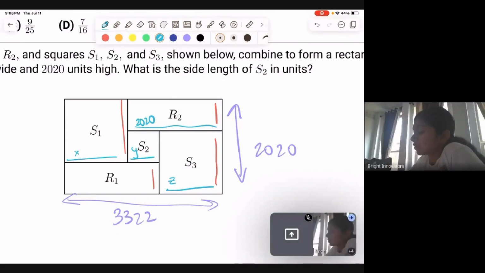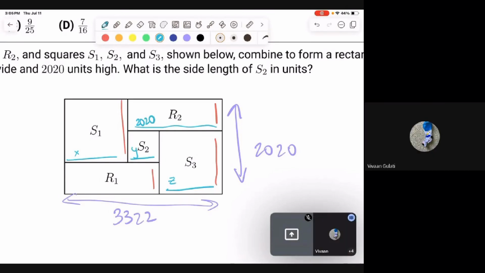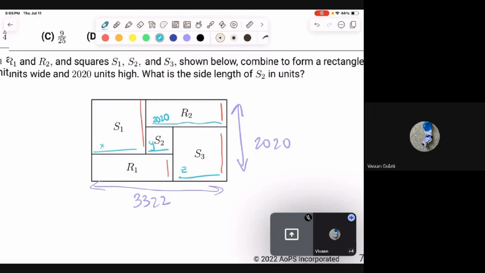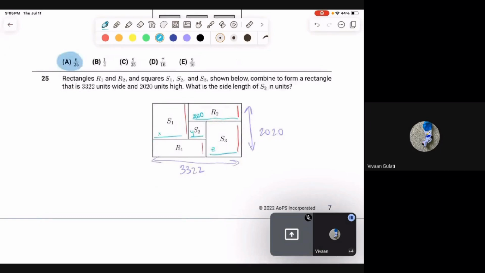Yeah, that's two different equations. So then I just used elimination to remove the X and the Z. So you get 2Y equals 1302, and then Y equals 651. And Y is the length of S2. So that's the side length of the thing.